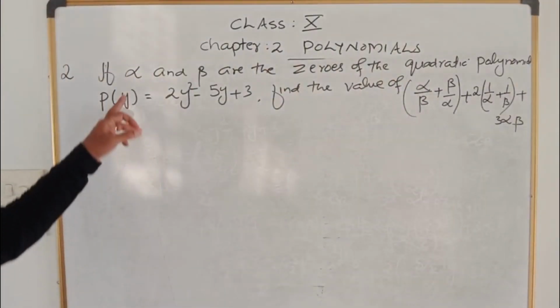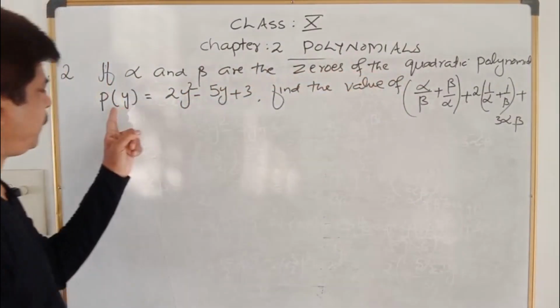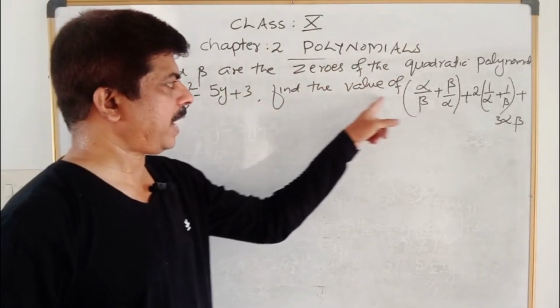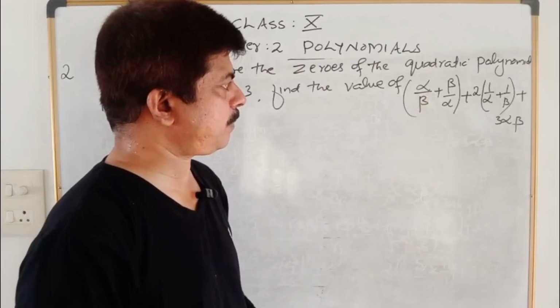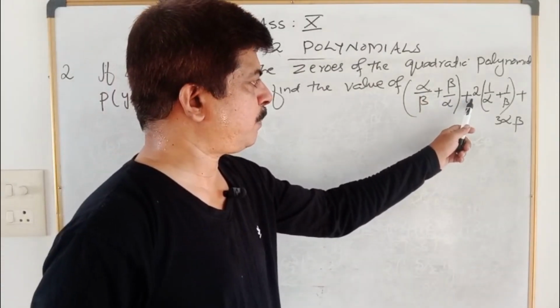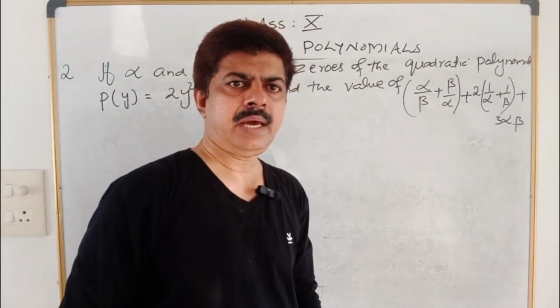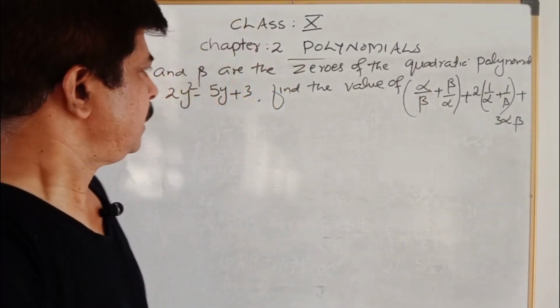Clear? Alpha and beta are the zeros of the quadratic polynomial p of y is equal to 2y square minus 5y plus 3. Find the value of alpha by beta plus beta by alpha plus 2 into 1 by alpha plus 1 by beta plus 3 alpha beta.